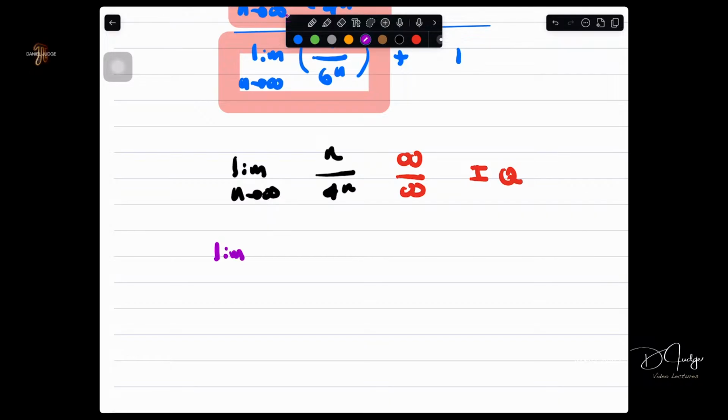I'm going to change the color because in order to apply L'Hopital's rule, this is defined over a real variable x, not having the domain being natural numbers. So we're going to have to differentiate both the numerator and the denominator.